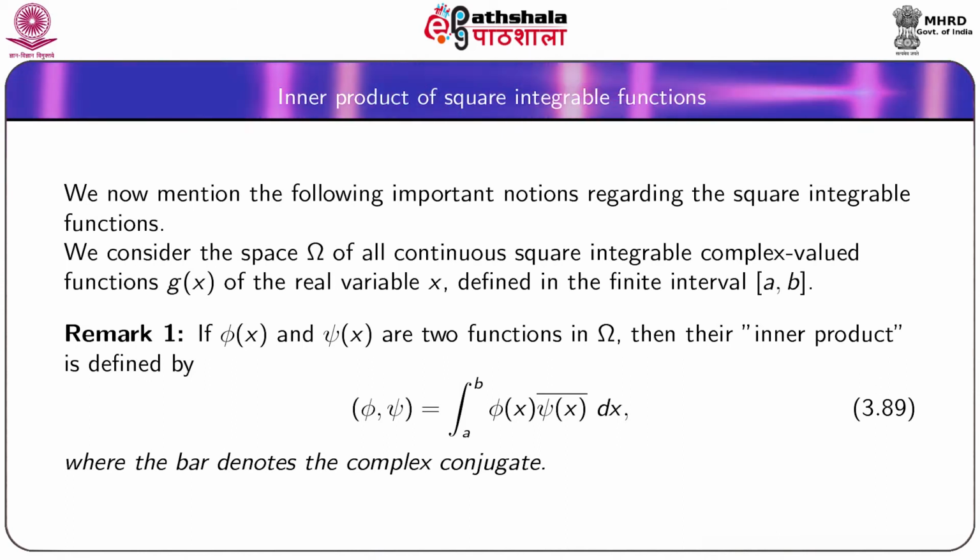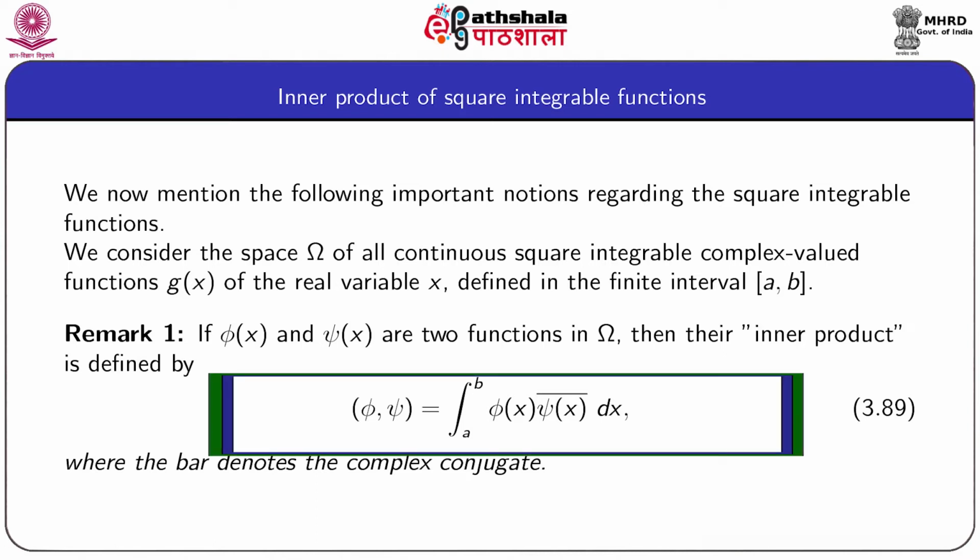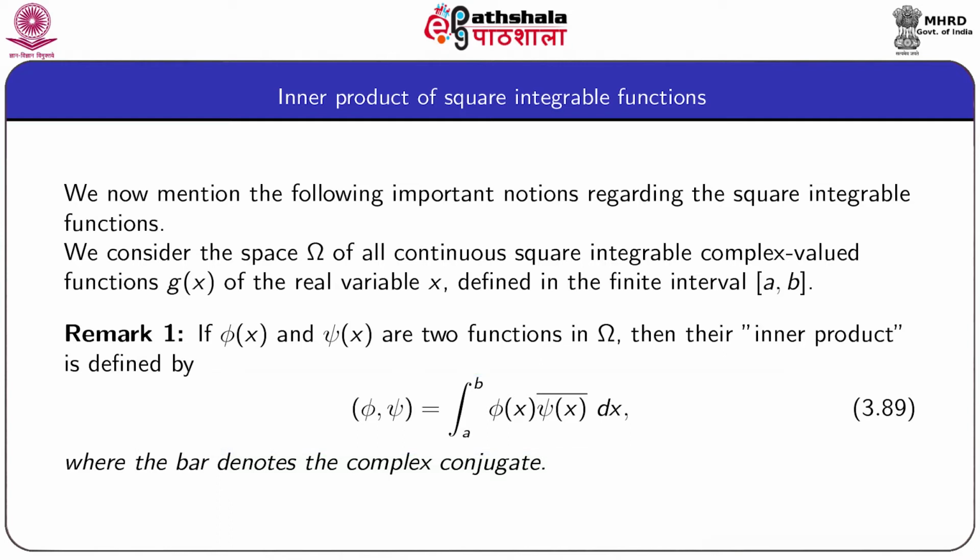If phi(x) and psi(x) are two functions in omega, then their inner product is defined by integral a to b of phi(x) psi bar(x) dx, and this is denoted by (phi, psi) as given in equation 3.89, and bar as before denotes the complex conjugate.